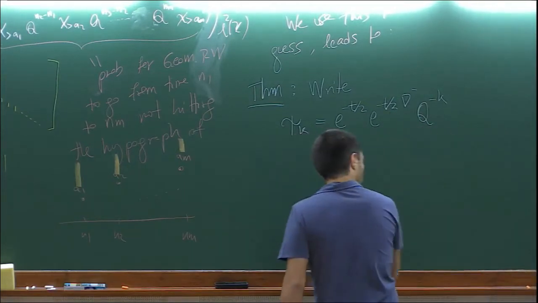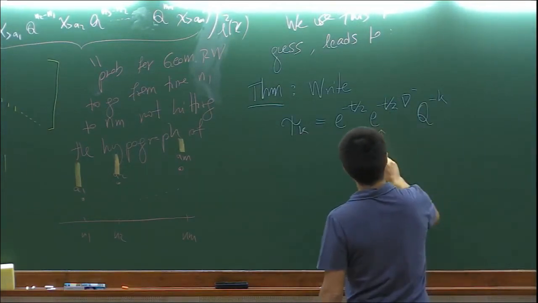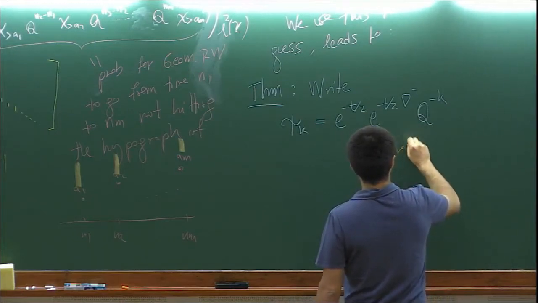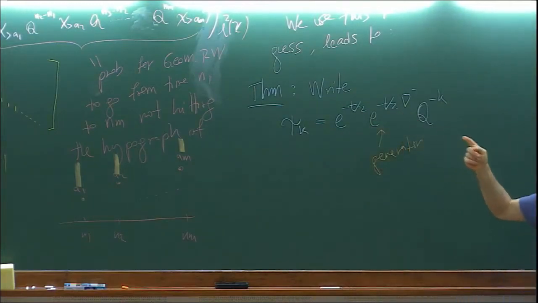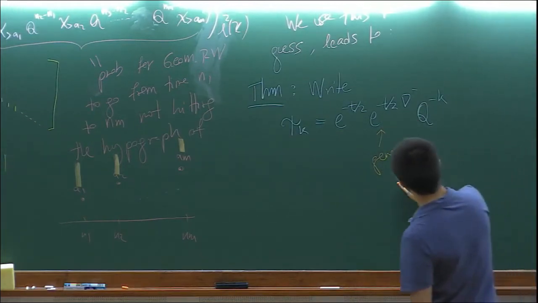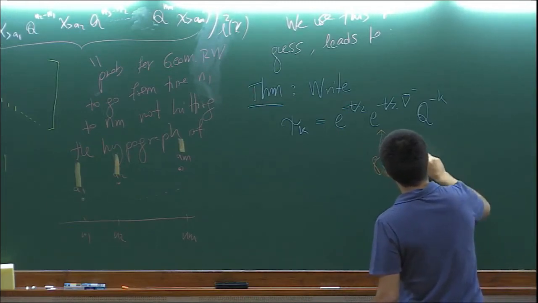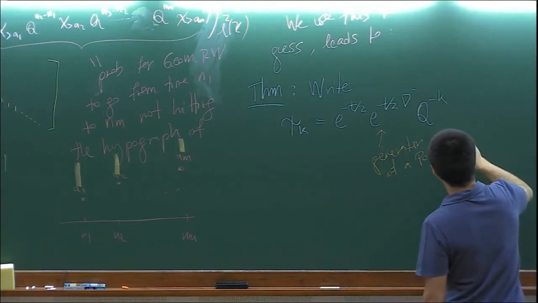This is just the generator. In terms of Markov process theory, this is the generator of a Poisson walk going to the left.